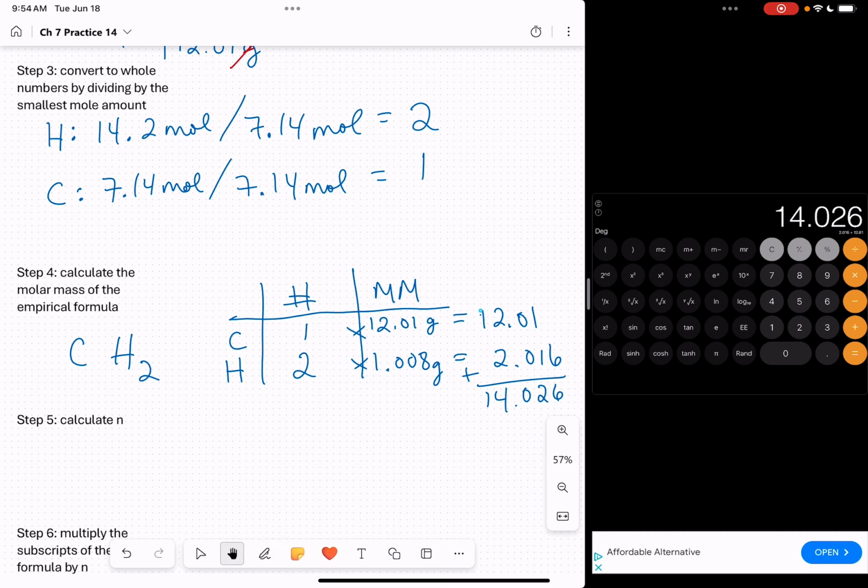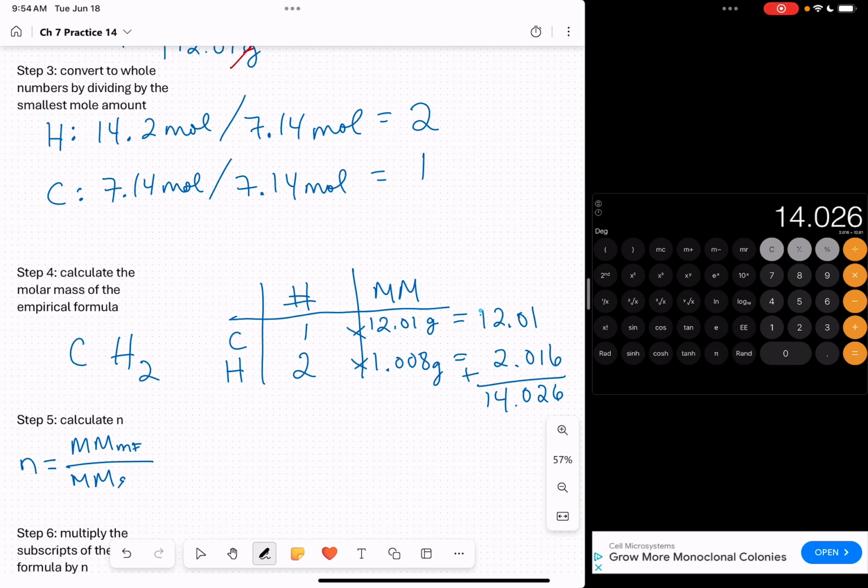Now we have to calculate N. N is equal to the molar mass of the molecular formula divided by the molar mass of the empirical formula. This is just going to tell us how many times the empirical formula numerically fits into the molecular formula mass.